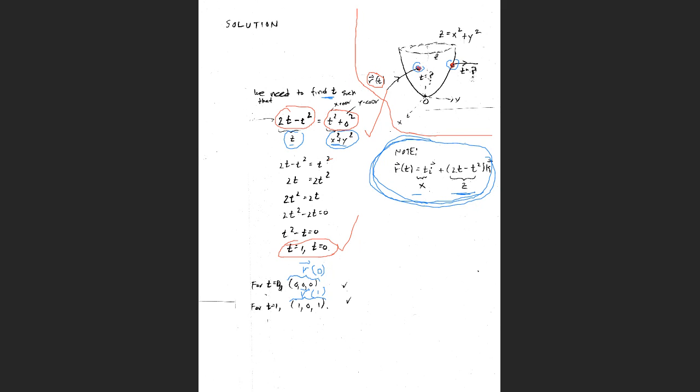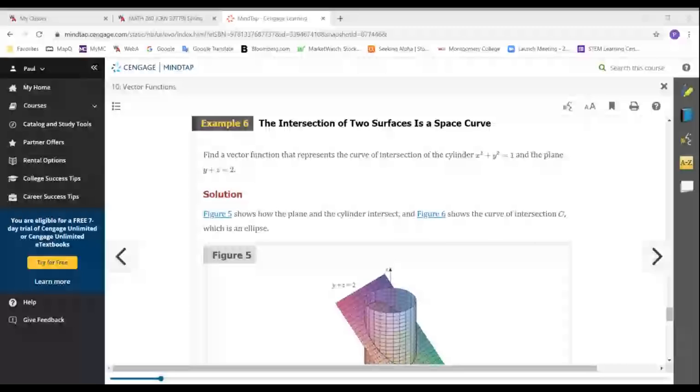Okay, so here, the intersection of two surfaces is a space curve.